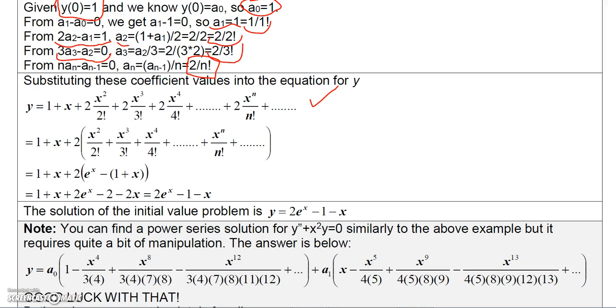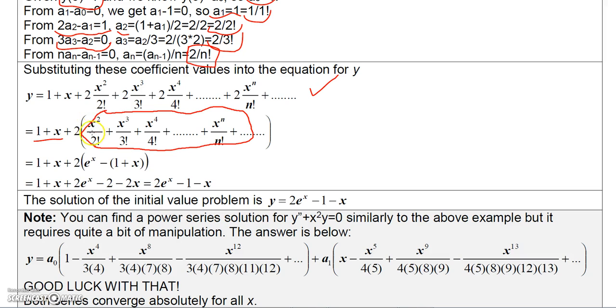And then what we could do next is take the first two terms by themselves and then factor a 2 out of each of the remaining terms, and that gives me a nice way to represent everything. And now I get x squared over 2 factorial through x to the n over n factorial. Okay, so let's consider this.